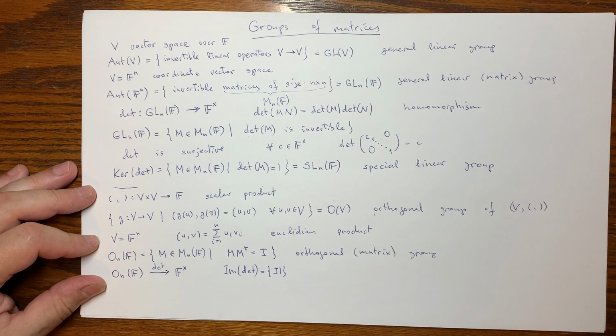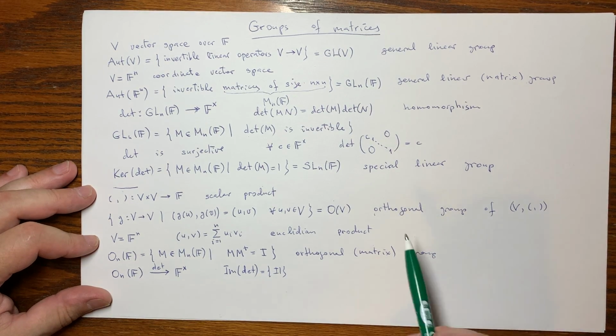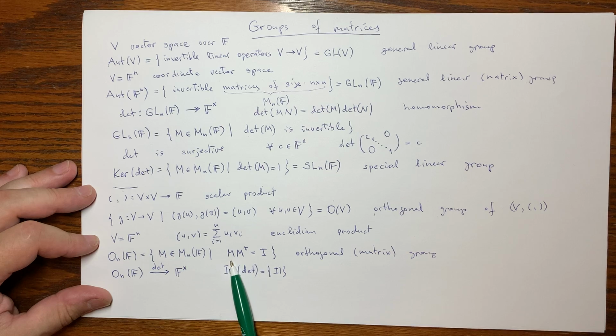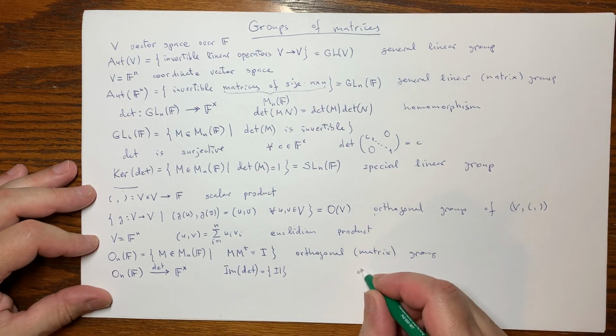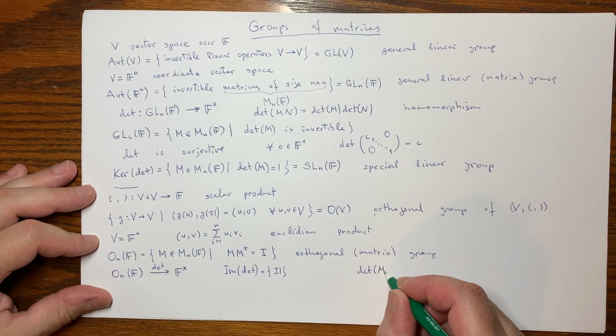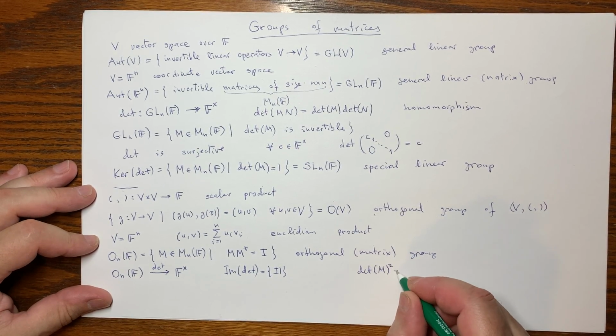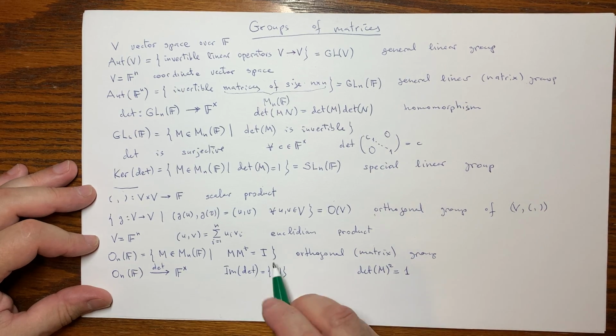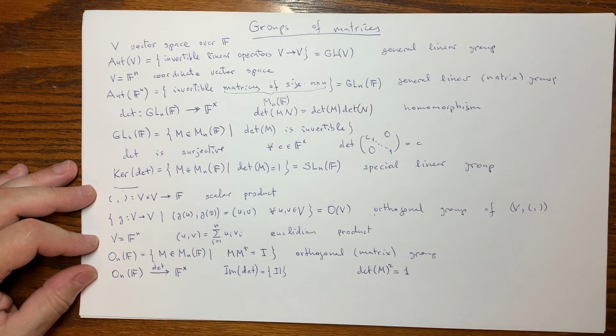And this is a consequence of the multiplicativity of the determinant plus this defining condition for orthogonal matrices, and the one extra fact that the determinant of the transpose is the same as the determinant of the matrix. So if we just take the determinant of both sides of this equation, we will quickly reduce it to the equation that the determinant squared is the determinant of the identity matrix, which has to be 1. So there are only two possible determinants.